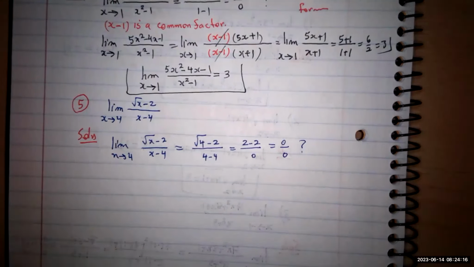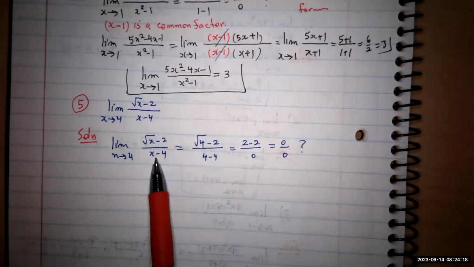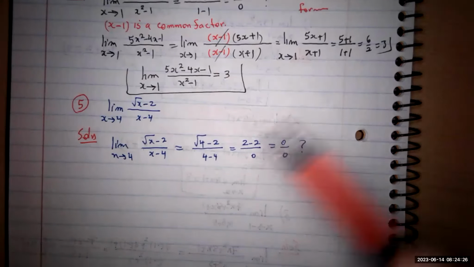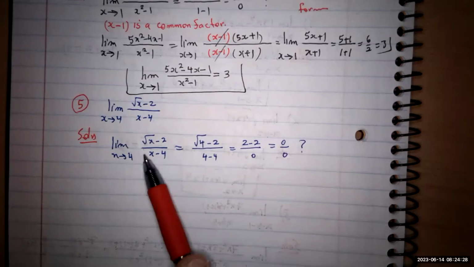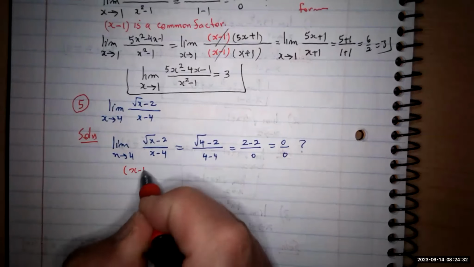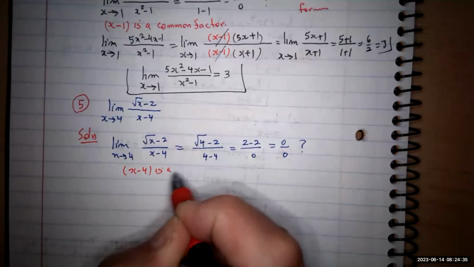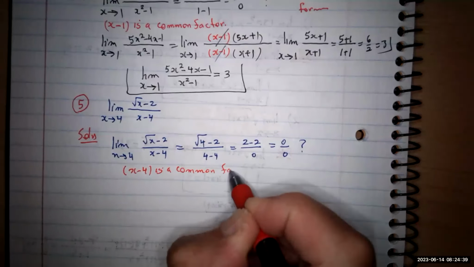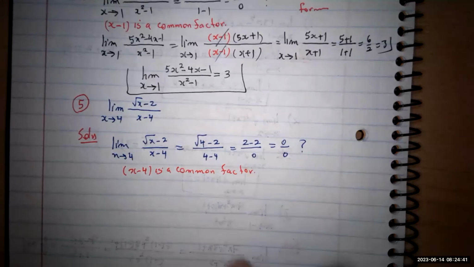So x minus 4 is a common factor because x goes to 4. The common factor would be x minus 4. It depends on this number because you substitute. So you make a note for yourself that x minus 4 is a common factor.